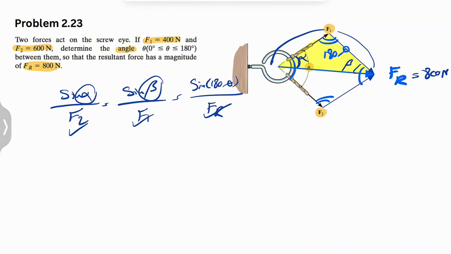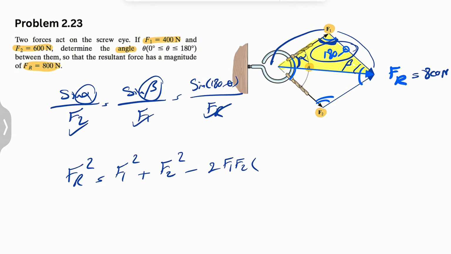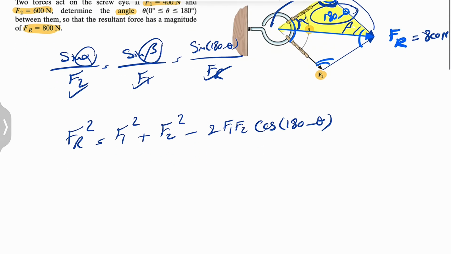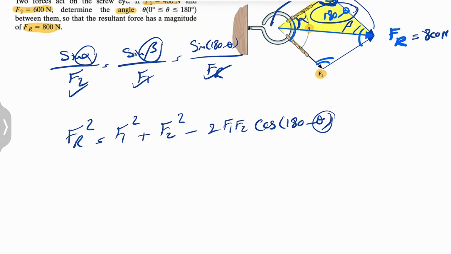But if we just use the law of cosines, we have FR squared is equal to F1 squared plus F2 squared minus 2 F1 times F2 times cosine of the angle between F1 and F2, which is this angle, so cosine of 180 minus theta. And now we have one single equation with one unknown, which is theta, so it should be easy for us to find the angle that is missing.